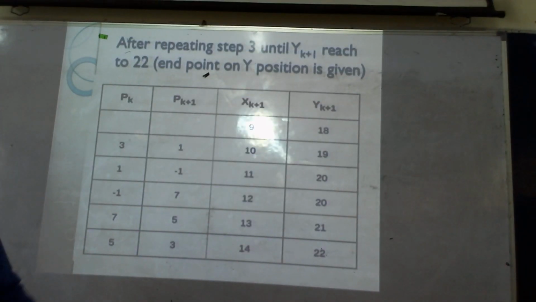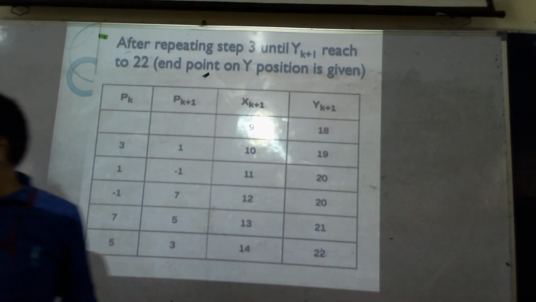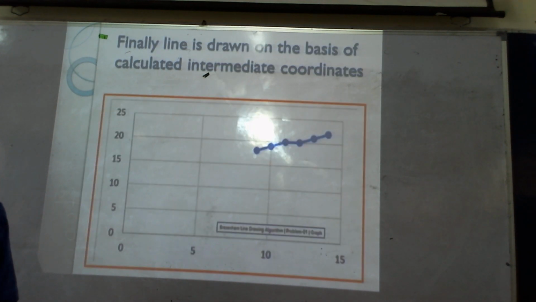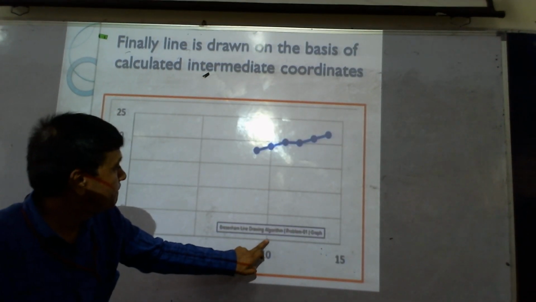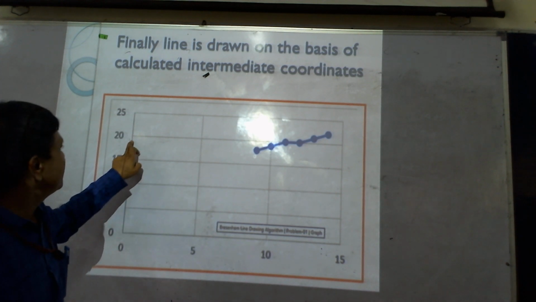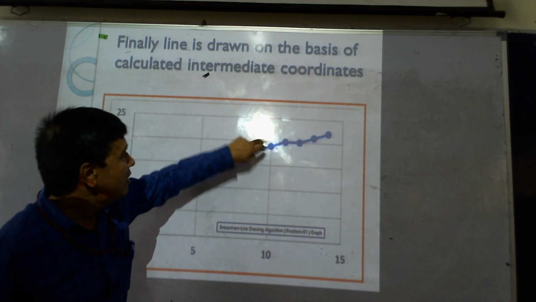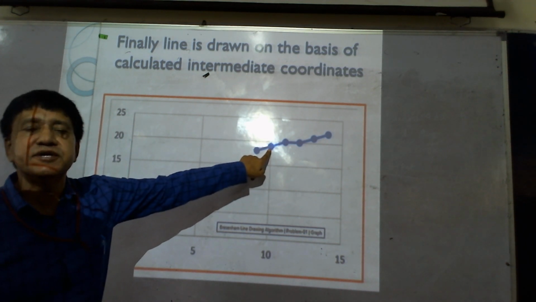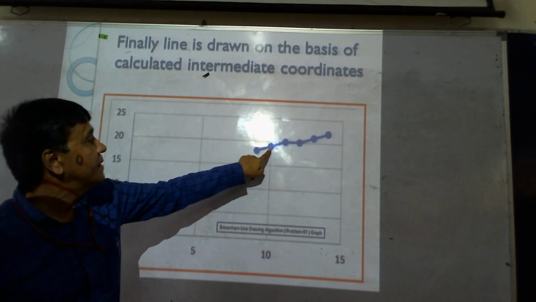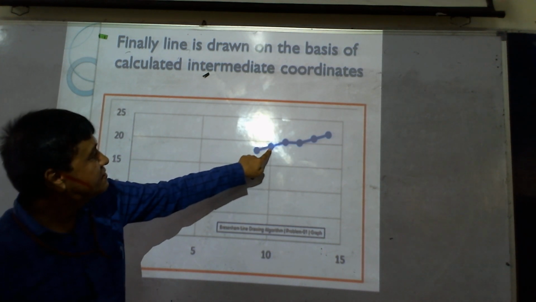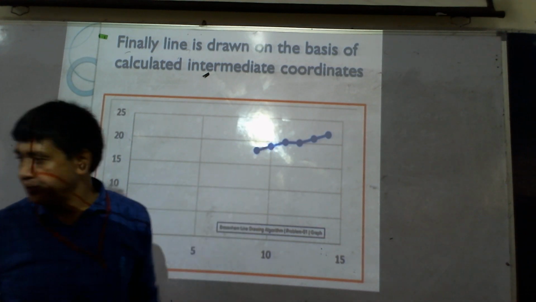And the second coordinate is 10, 19. This is 10 and 19 will come approximately here. This is the next intermediate coordinate, 10, 19, drawn here.